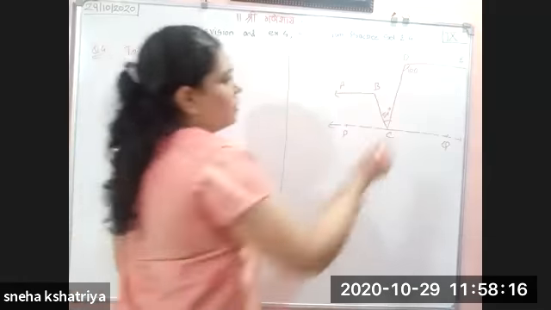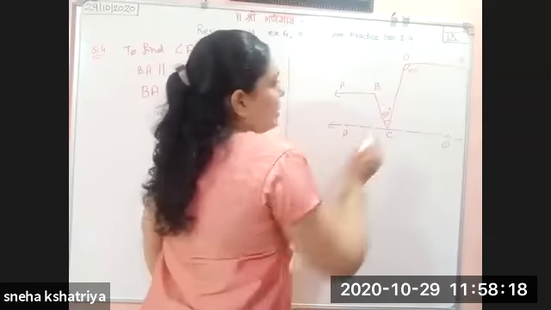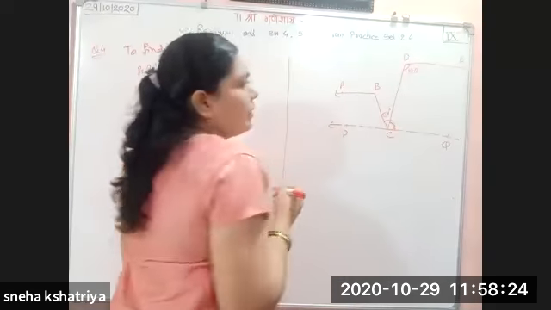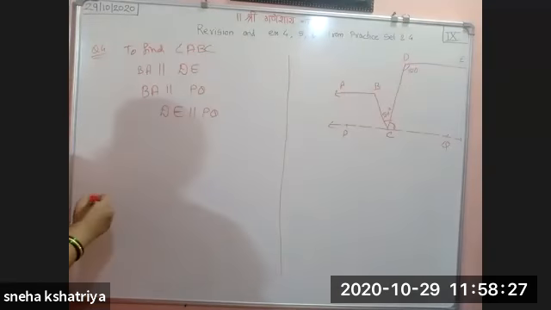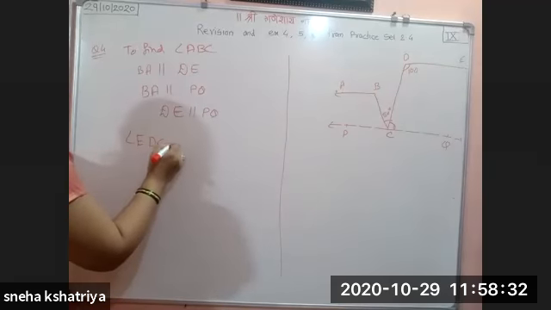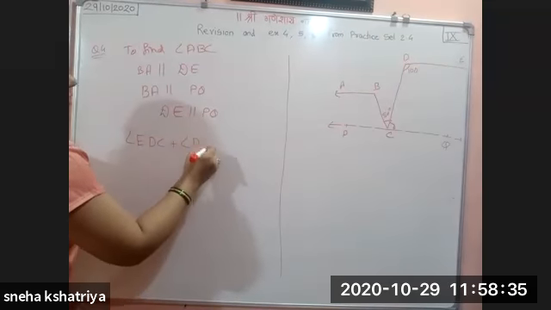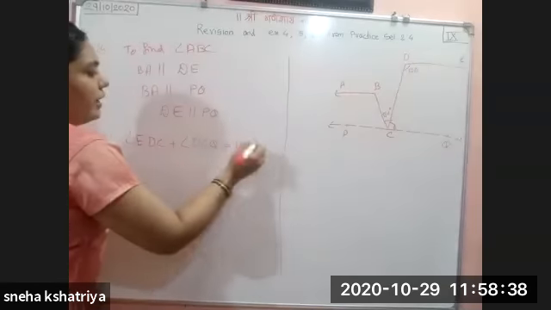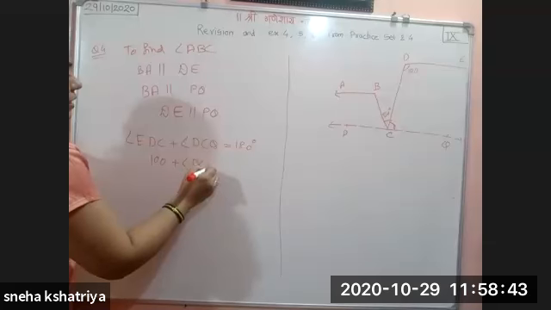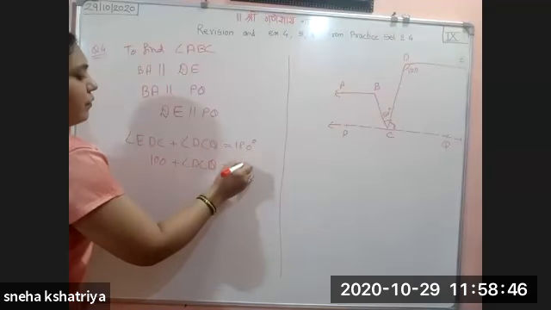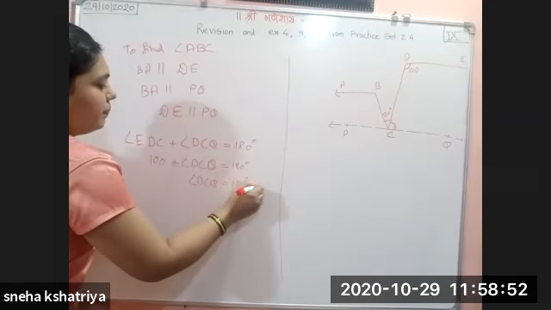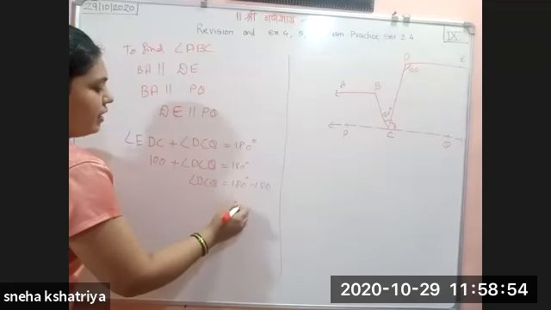If DE is parallel to PQ, then this angle and this angle become supplementary. Angle EDC plus angle DCQ is equal to 180 degrees. EDC is 100, plus angle DCQ equals 180 degrees. Angle DCQ is equal to 180 minus 100, which is 80 degrees.